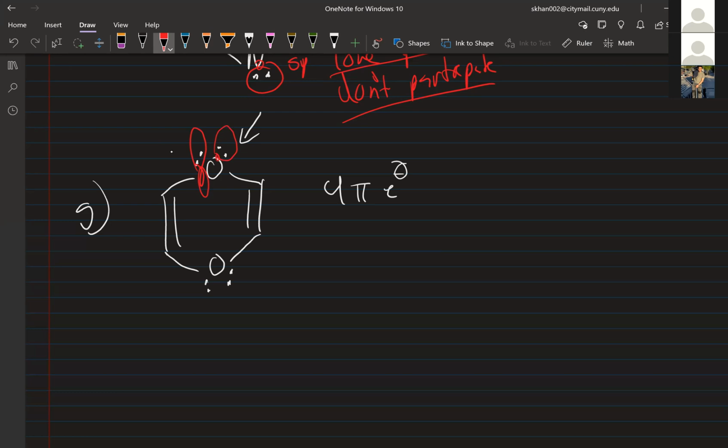But is it? In order for it to be aromatic, the other oxygen has to be sp2. So let's make the other oxygen sp2 as well. We'll put one in a p orbital and one in an sp2 orbital. That's criteria 1.